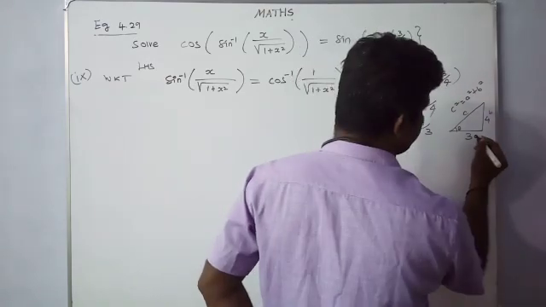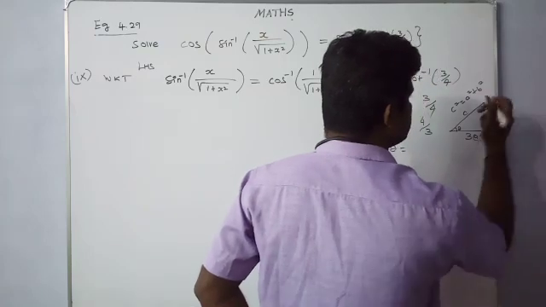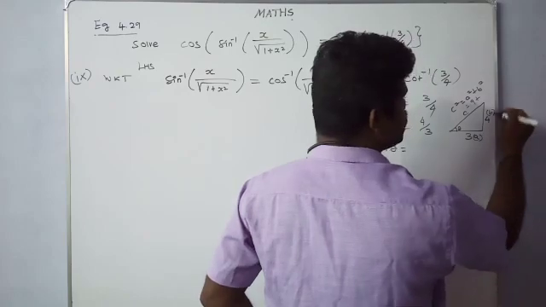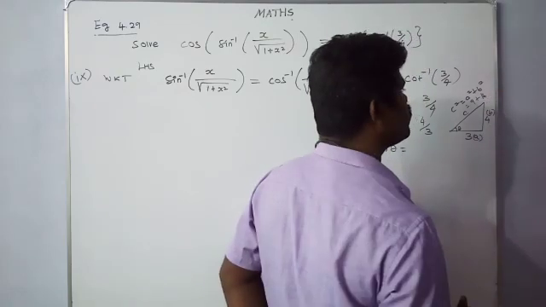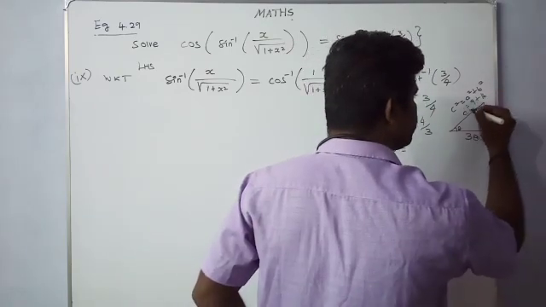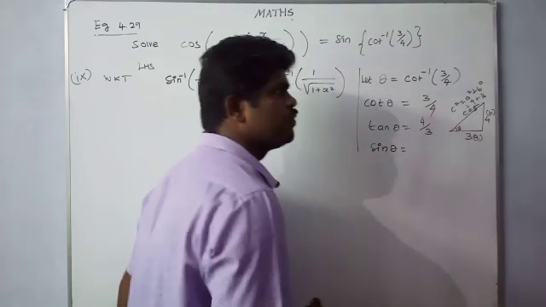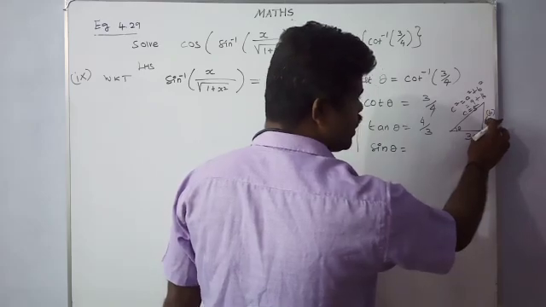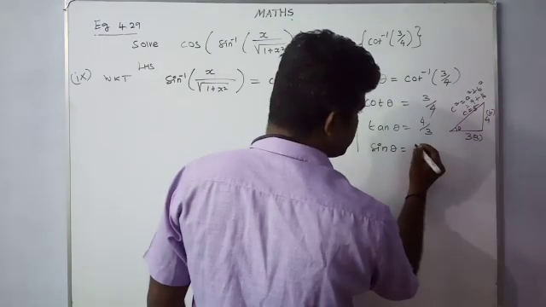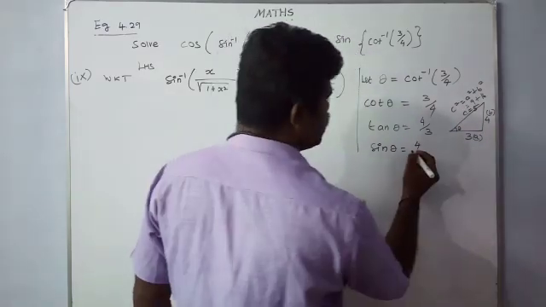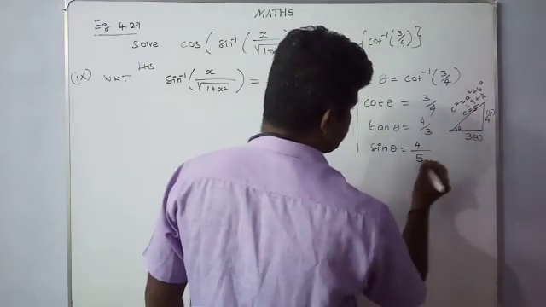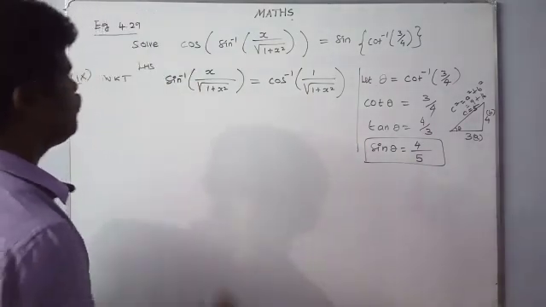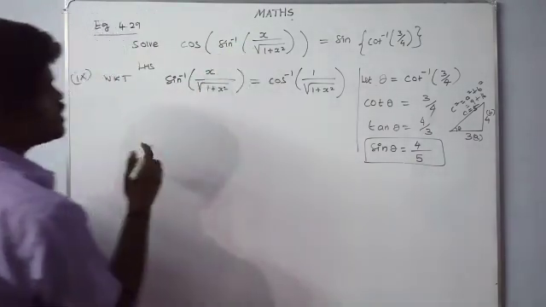A is 3, so 3 square is 9 plus b square, 4 square is 16. Now the c square value is 25. C value is 5 only. So sin theta is equal to opposite side by hypotenuse side. Opposite side is 4 and hypotenuse side is 5. This is the value of sin theta.